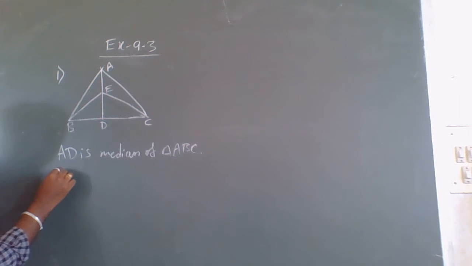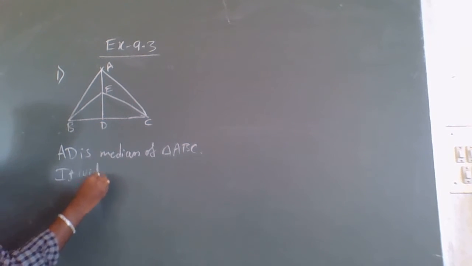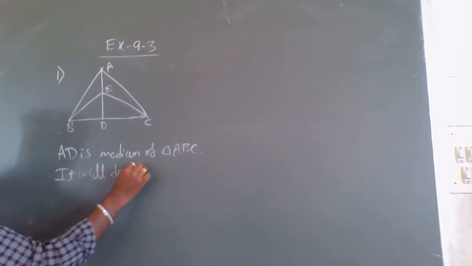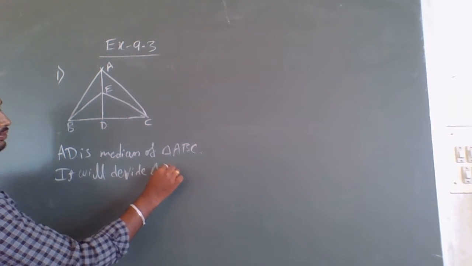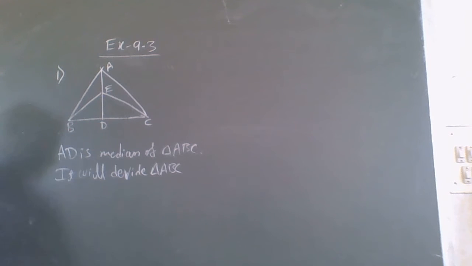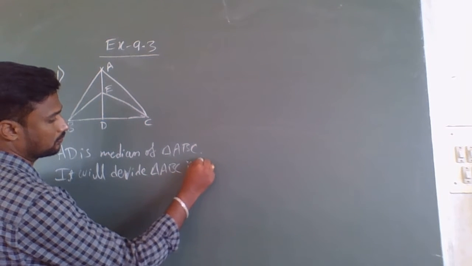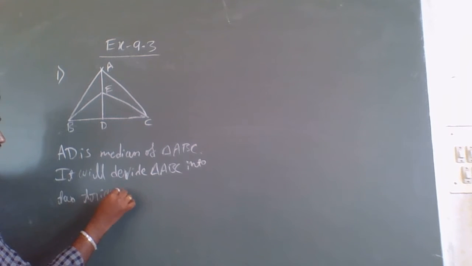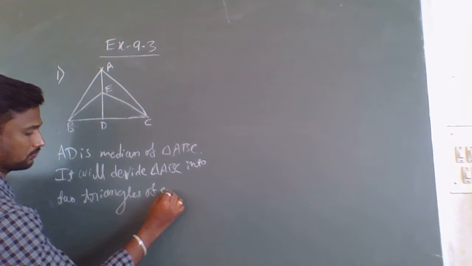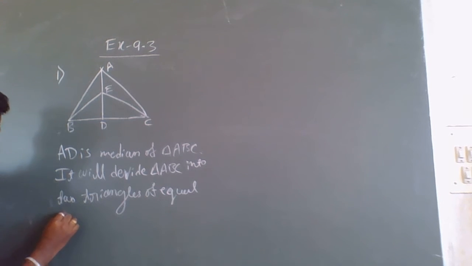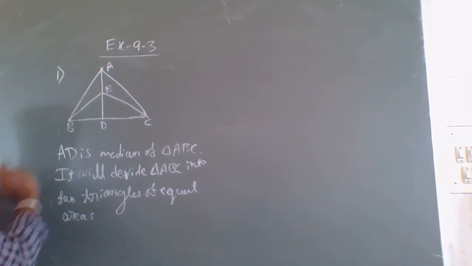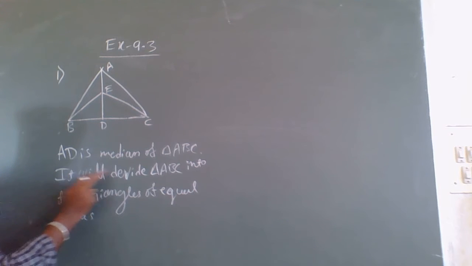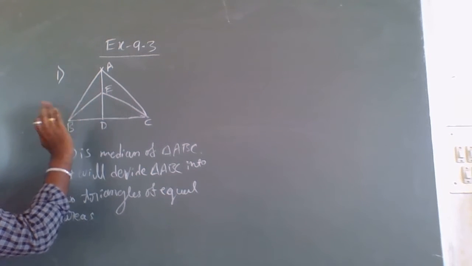This median AD will divide triangle ABC into two triangles of equal areas.